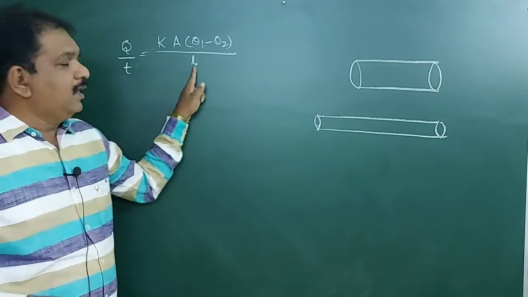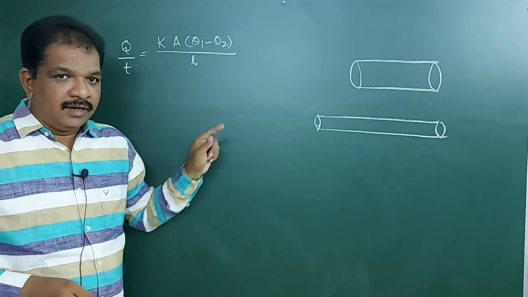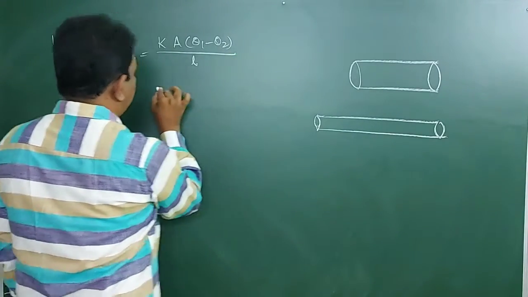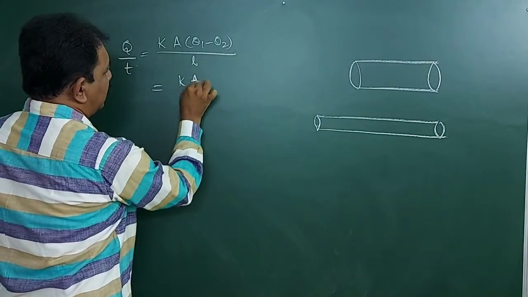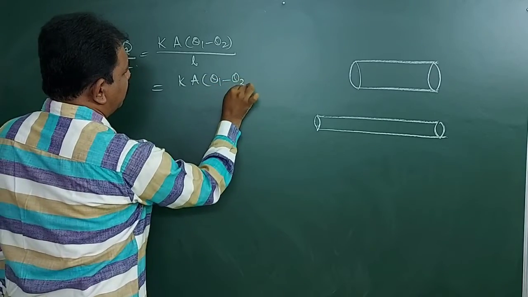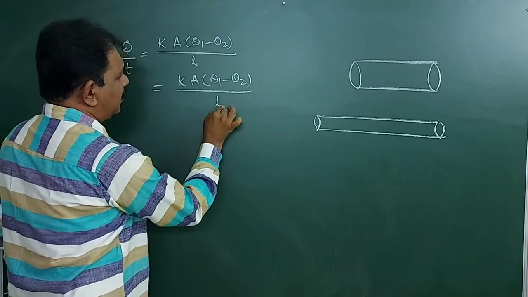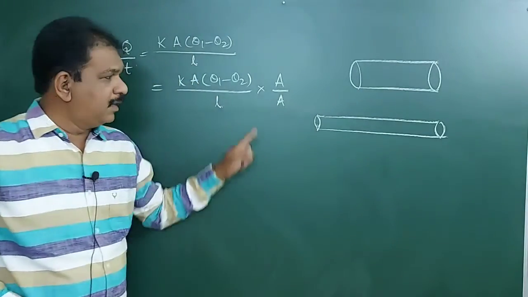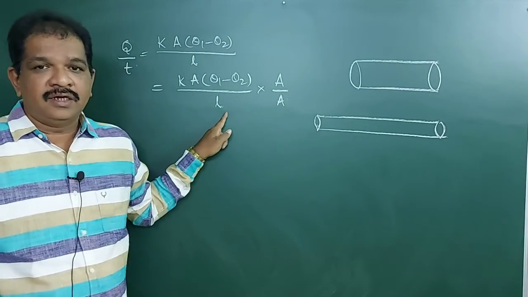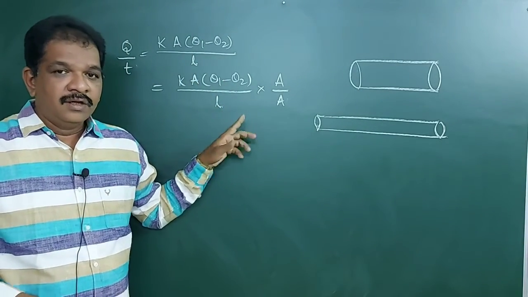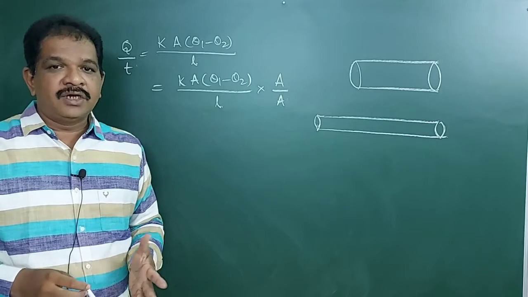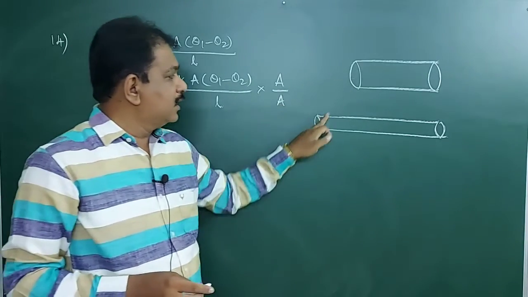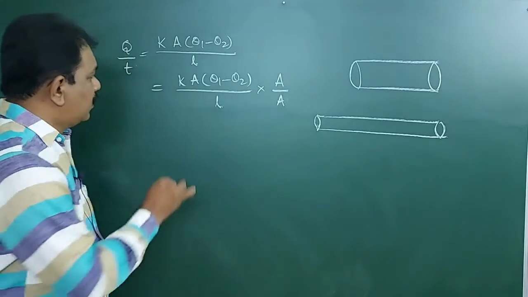Now we will eliminate L by multiplying and dividing with A. So KA (theta 1 minus theta 2) by L into A by A. I am multiplying and dividing with A because they have not mentioned the length, just that the radius becomes half.